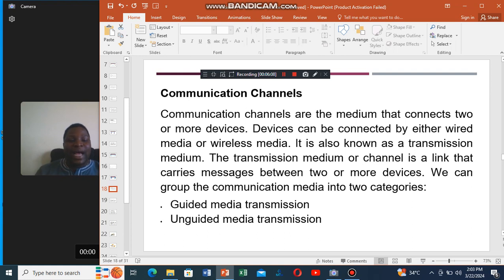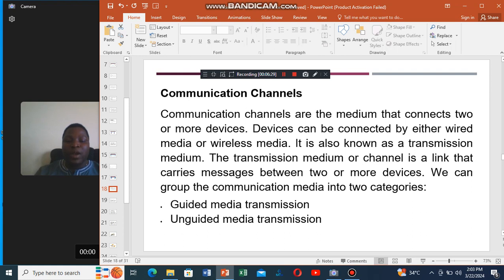We have communication channels. Communication channels are the medium that connects two or more devices. Devices can be connected by either wired media or wireless media. It is also known as a transmission medium. The transmission medium or channel is a link that carries messages or data between two or more devices.